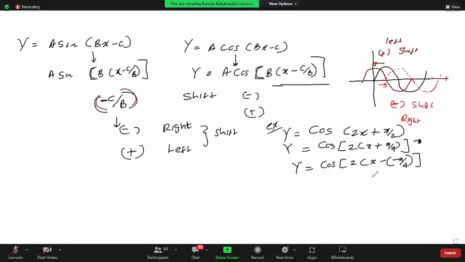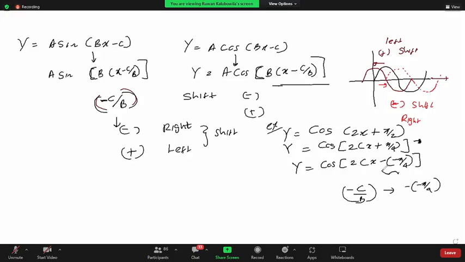Here we have to include, first, minus C over B. You can use this one or this one. Minus C over B means the whole term after x, which here is minus 5 over 4.